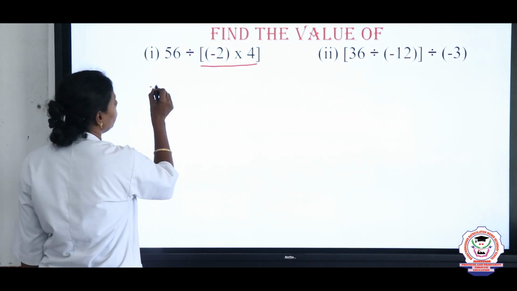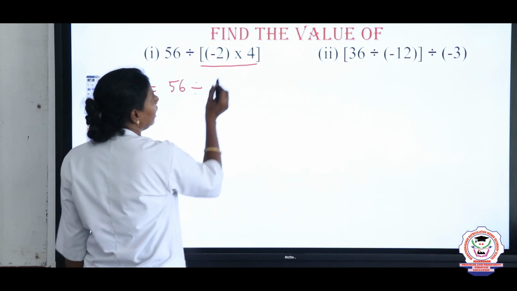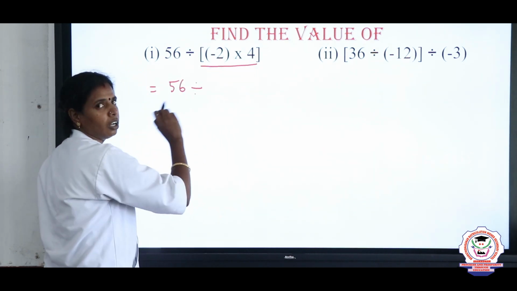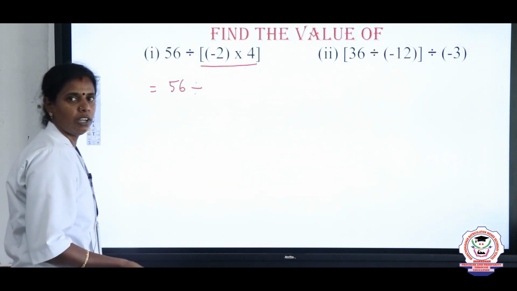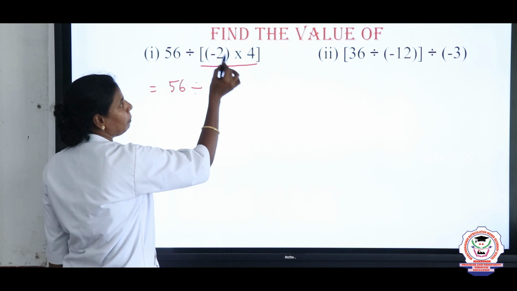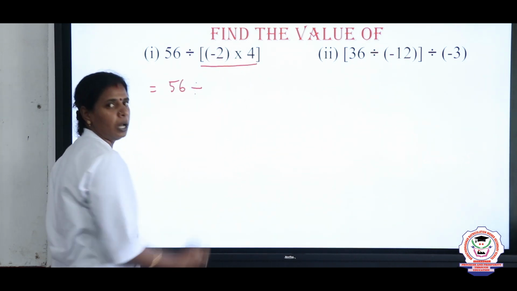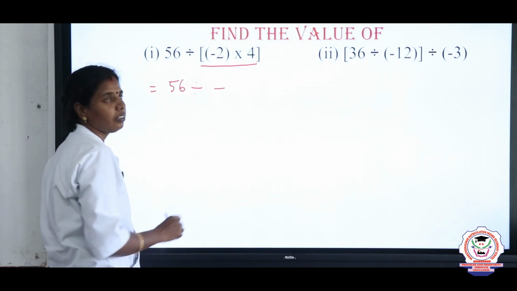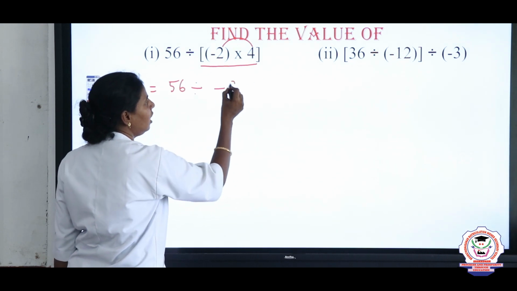So, first step is 56 divided by, first we need to solve this, that is minus 2 into 4. Minus 2 is a negative integer, 4 is a positive integer. We know how to multiply this, negative into positive, that is minus into plus. Minus into plus is minus, and the number is 2 into 4, 2 4s are 8.